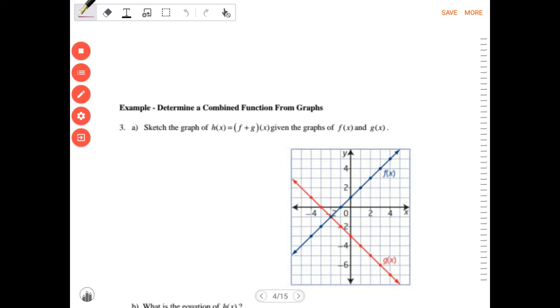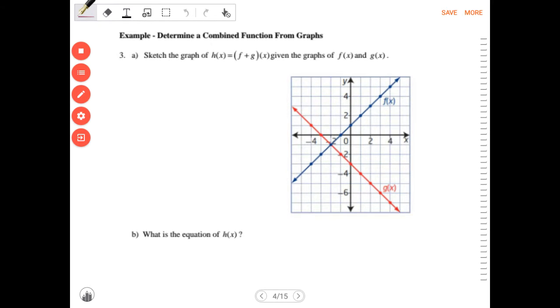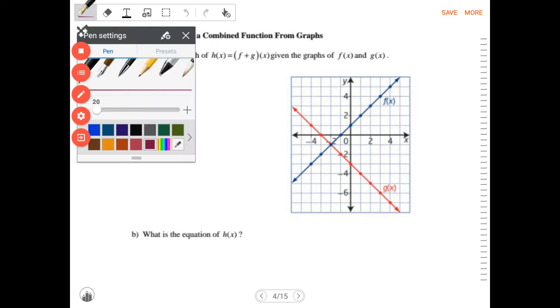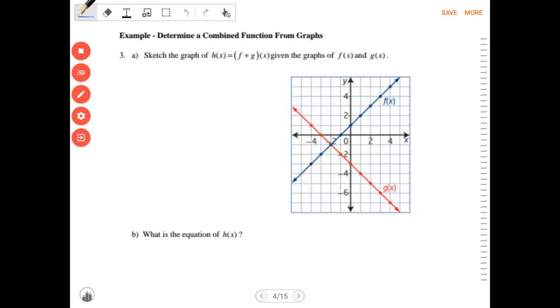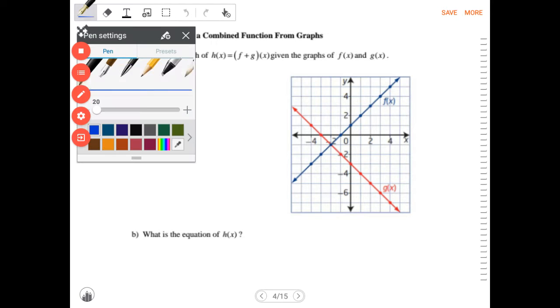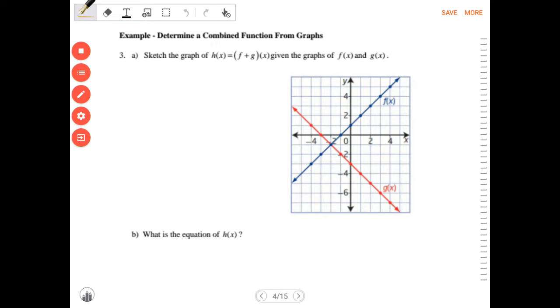Okay, so number 3. Sketch or determine a combined function from graphs. So I want you guys to sketch h of x equals f plus g of x given the graphs of the two. Well, this is not so bad because once we have the graphs, then it's actually quite easy. Now look, my graphs are red and blue, so I'll graph in orange.